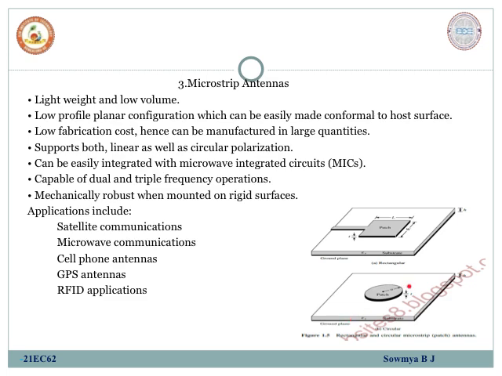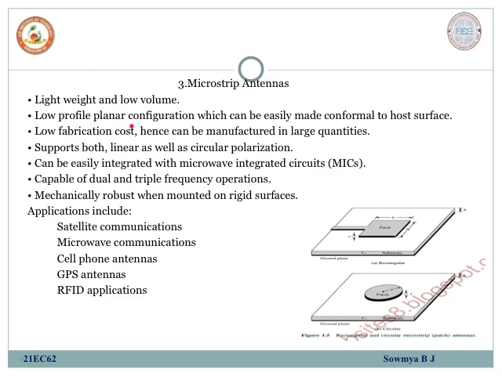If this metallic part is in the form of a rectangle, we call this a rectangular patch antenna, or if it is in the form of a circle, we call it a circular patch antenna. These are the antennas which are used in our mobile phones. Microstrip antennas are very lightweight as well as low volume, that is why they are used in mobiles.